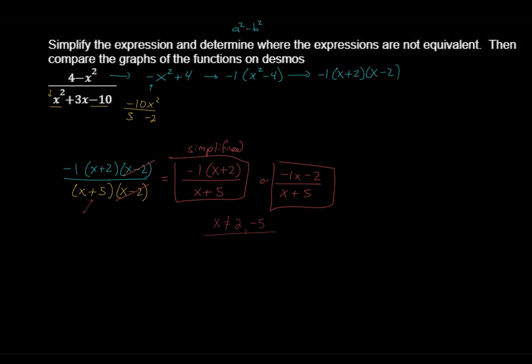In other words, the original factors of the bottom determine where the functions exist and therefore where they could be equivalent at. And also this brings us back to holes and asymptotes and stuff.